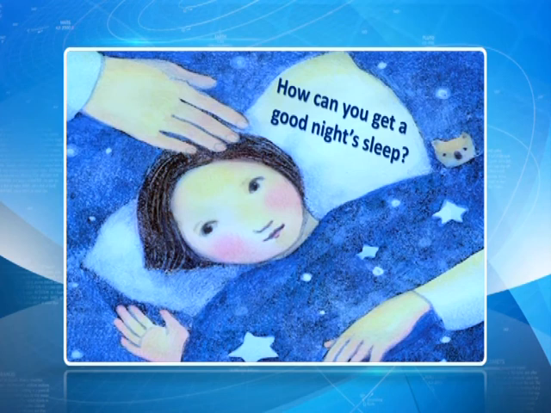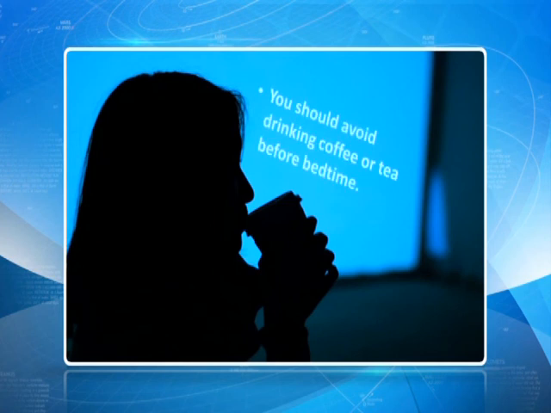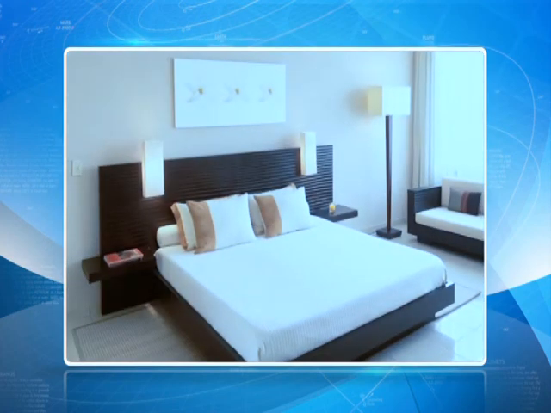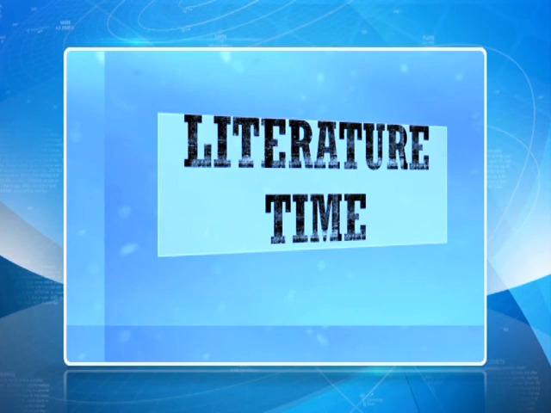How can you get a good night's sleep? Well, you should avoid drinking coffee or tea before bedtime because it contains caffeine and that is a stimulant. Also, you should choose to sleep in a quiet and comfortable and restful place.